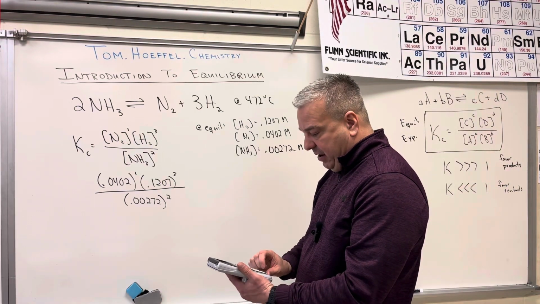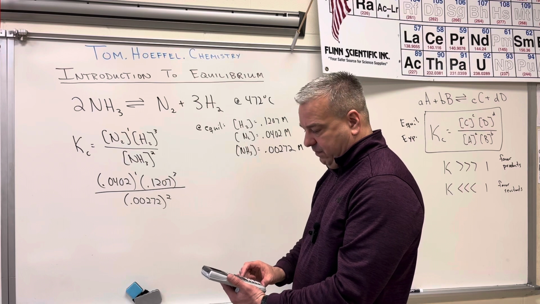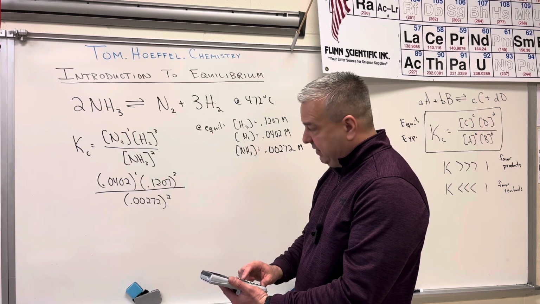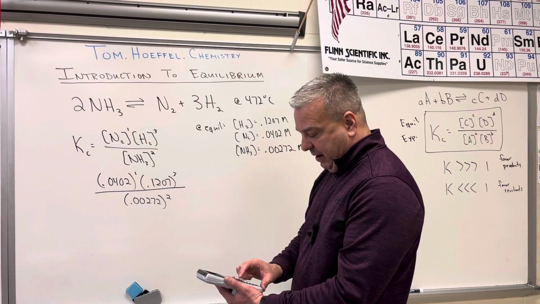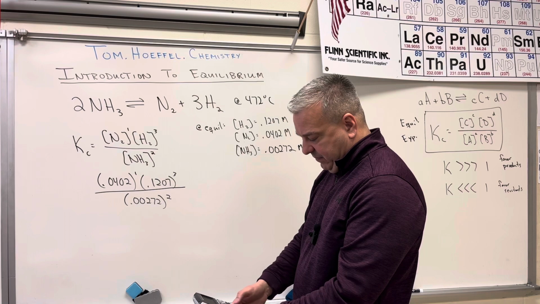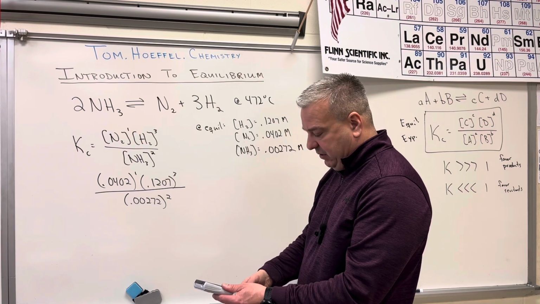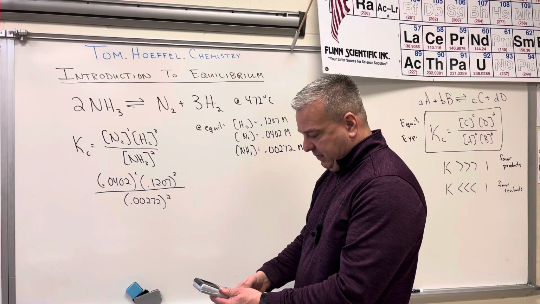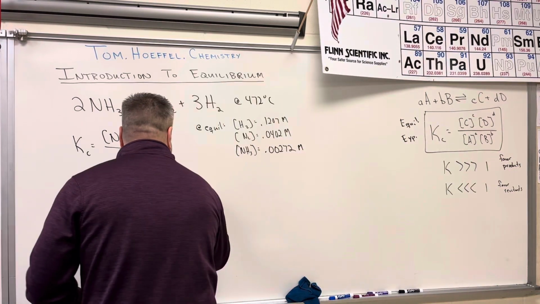We got 0.0402 times 0.1207 to the third power, and that's going to be divided by 0.00272 to the second power. And we get this number of 9.55.